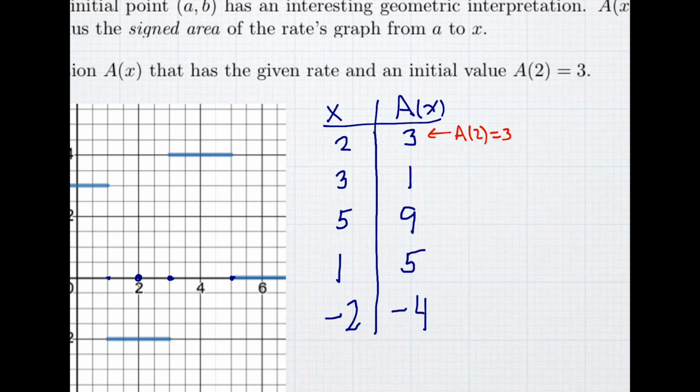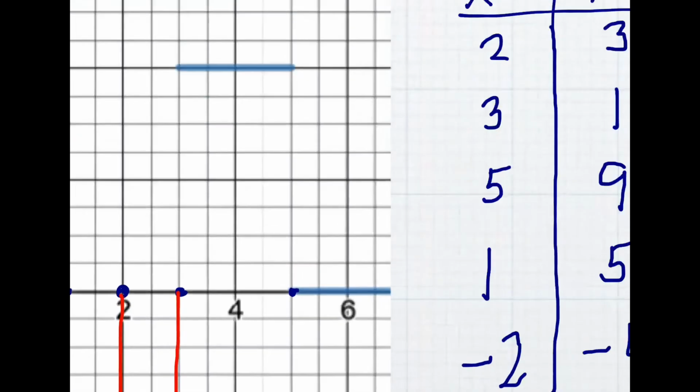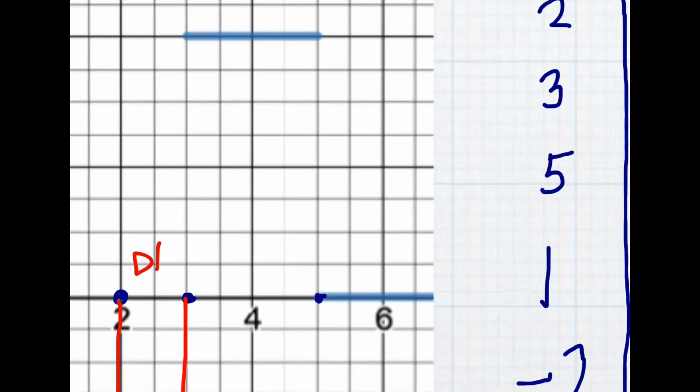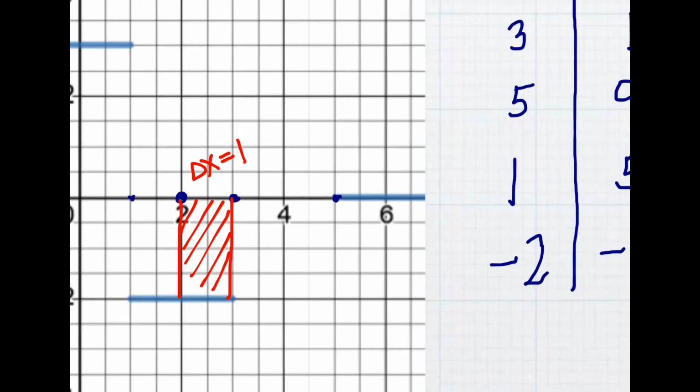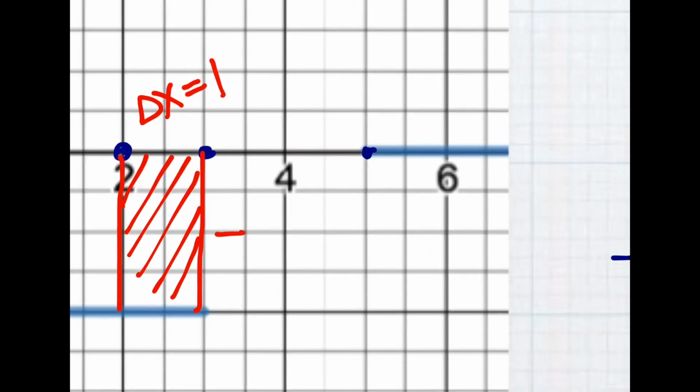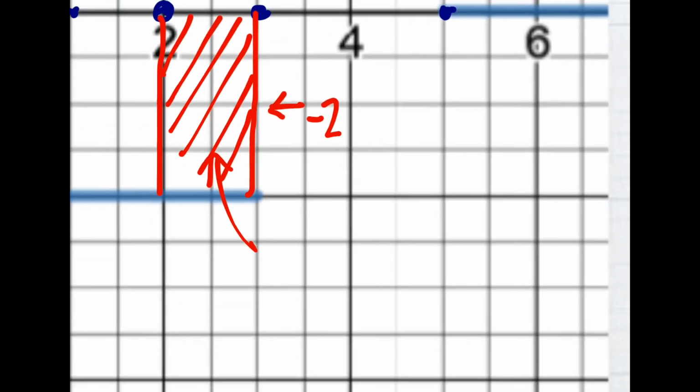Well, I started at x equals 2, and I went to x equals 3, and that corresponded to a change in x of 1, 3 minus 2. And if I take 3 minus 2 and multiply it by this value of my accumulation rate, negative 2, I multiply the width times the height, there's a little geometric figure.